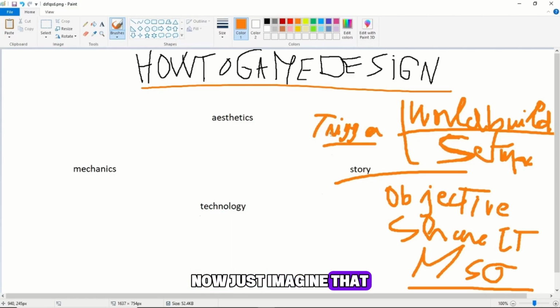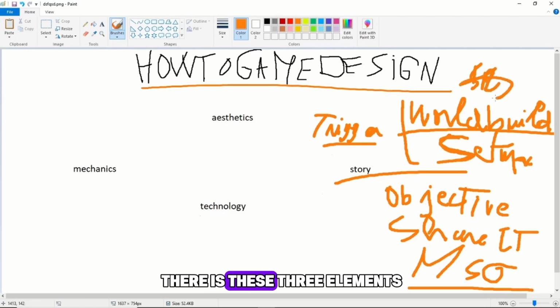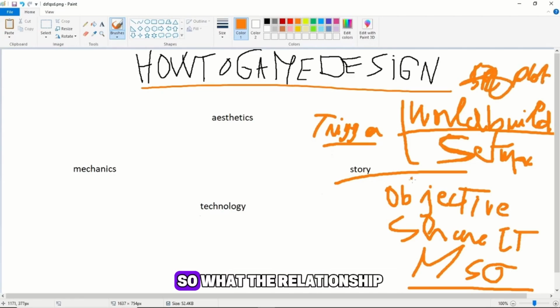Now let's imagine that you have a story. You see that there are these three other elements. So what's the relationship between them? For example, you think, okay, I have a story and I wanna make it into a game. So what kind of aesthetics is the best to tell this story? Is it realistic? Is it stylized? Is it 2D?